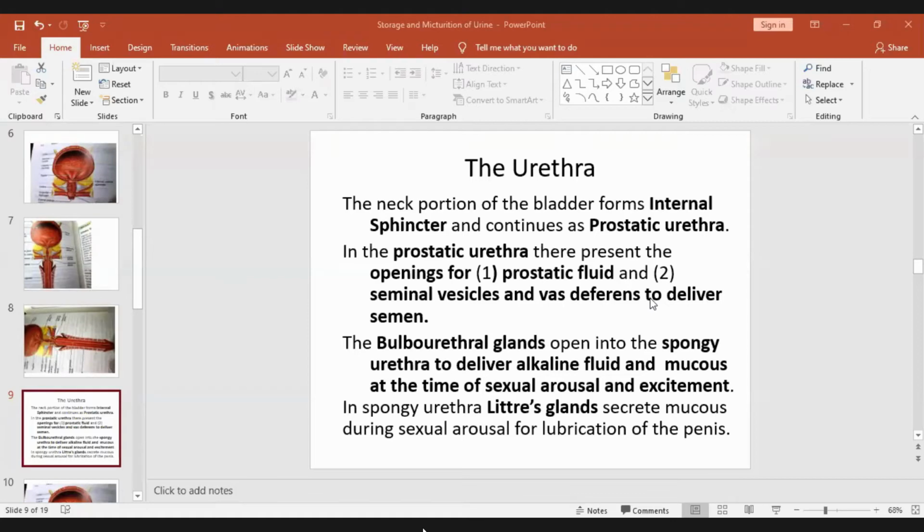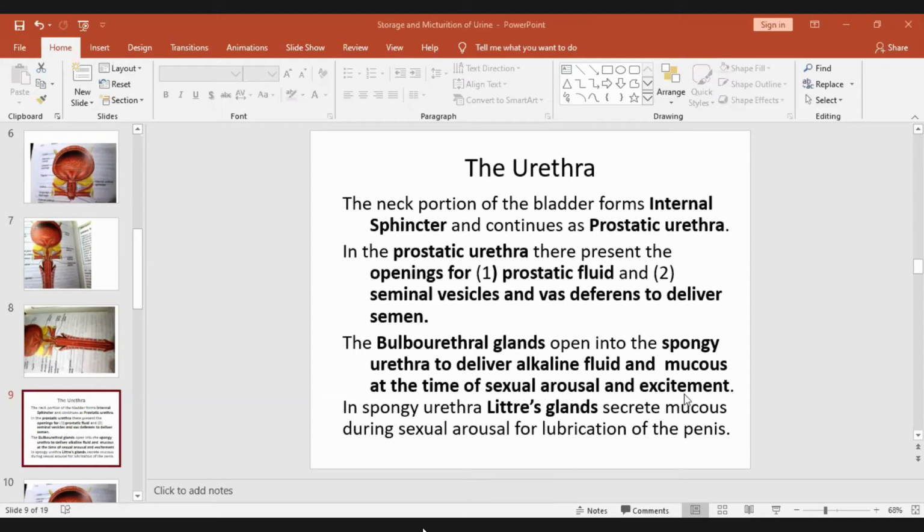Right? Bulbourethral glands open in the spongy urethra and deliver alkaline fluid and mucus at the time of sexual arousal and excitement. Ladies and gentlemen, the spongy urethra contains Leiter's gland. Right? Leiter's gland secretes mucus during sexual arousal for the lubrication of the penis.